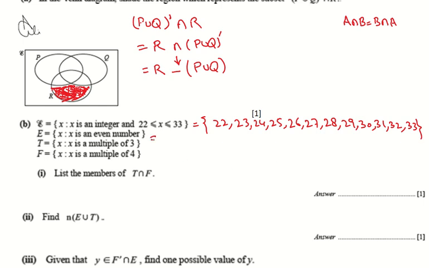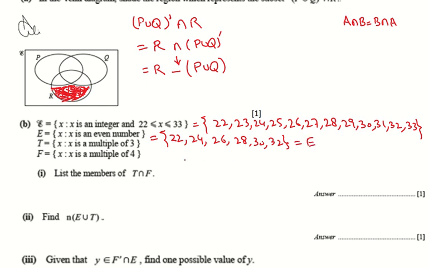The set E contains all the even numbers from epsilon. So the even numbers which are divisible by 2, we select 22, 24, 26, 28, 30, and 32 from the universal set. These are the elements of set E.